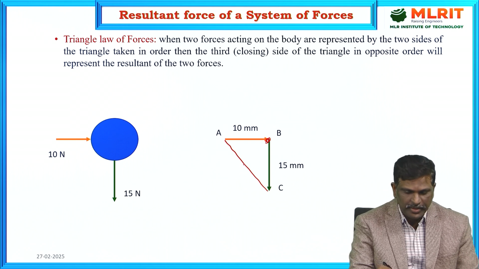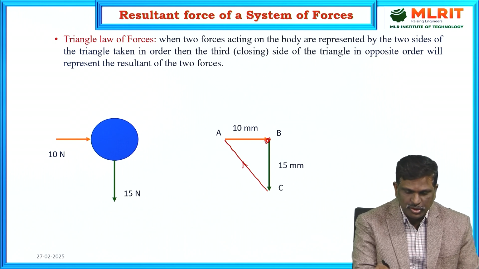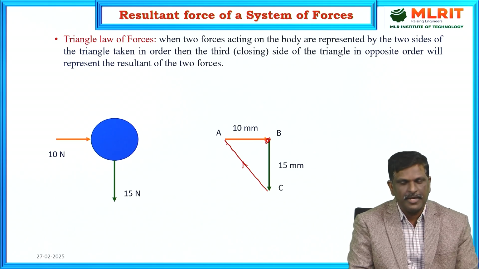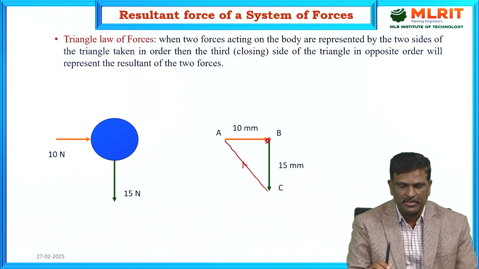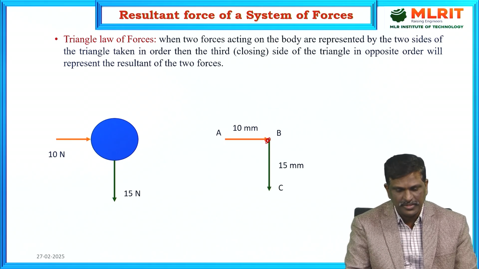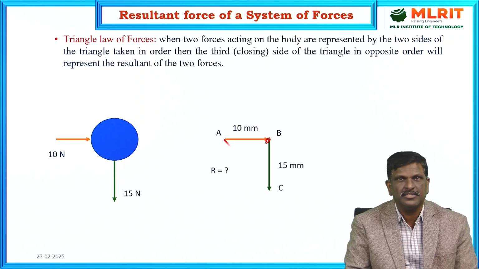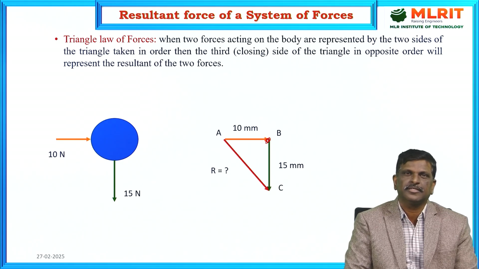If you go in order, from A to B, B to C and C to A is the order. But the triangle law says the closing side of the triangle in opposite order gives the resultant.